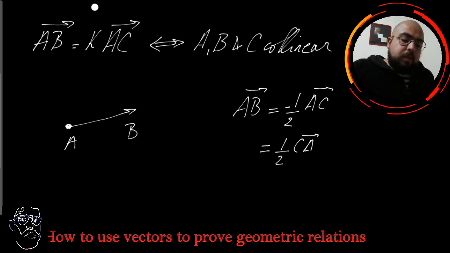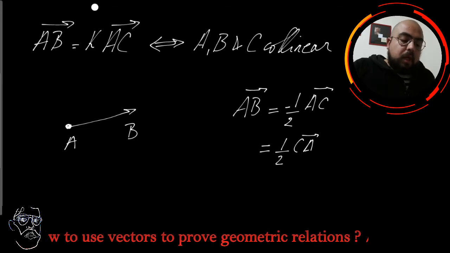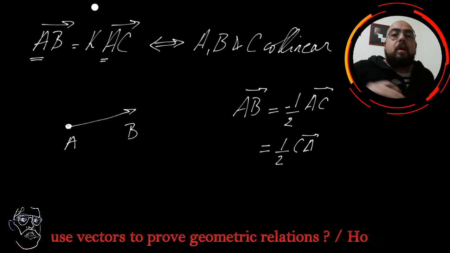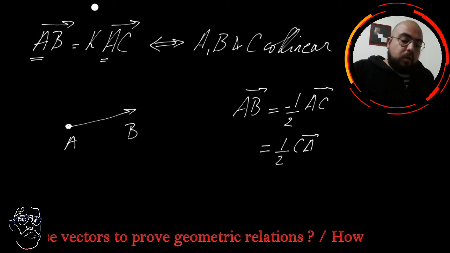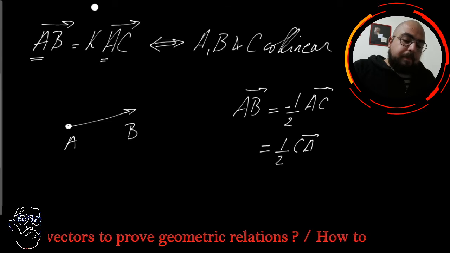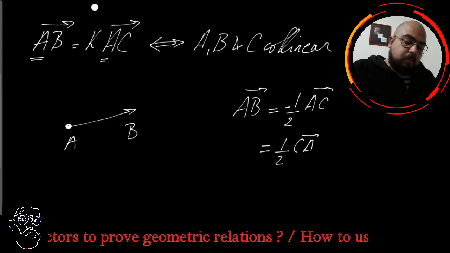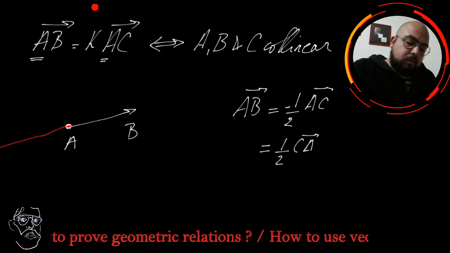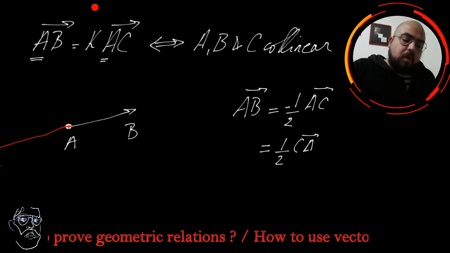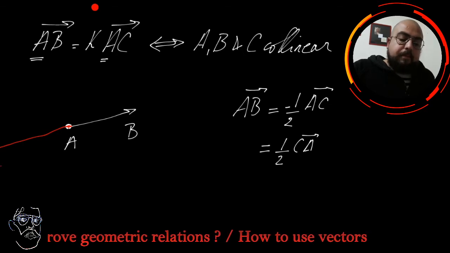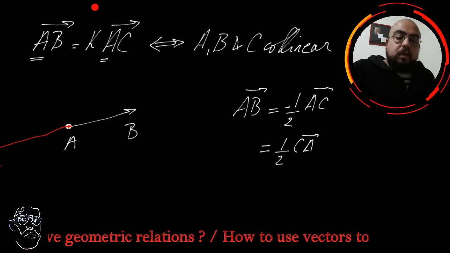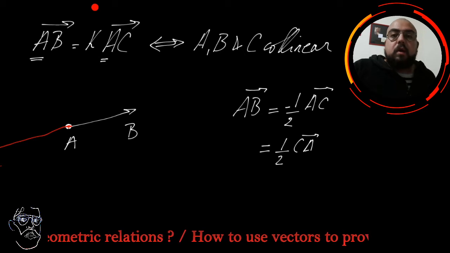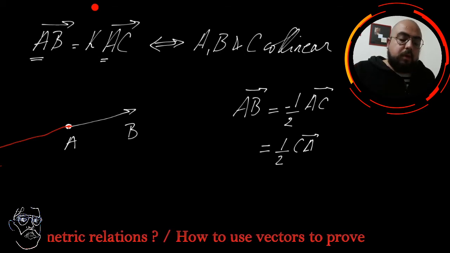So what does it mean? It means that we have this common point, which is A in this case. Since we have this common point in the same relation, it means that the 3 points are collinear. So the point C actually will be at this position. So AB is the half of AC and in the opposite sense. So it's minus 1 over 2 AC. So A, B, and C are collinear. So this was the third case.